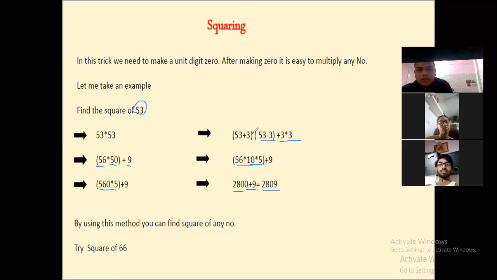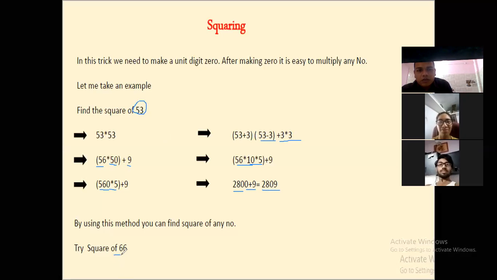So this is one of the methods of finding the square of any number. 53 into 53: we add 3, we subtract 3, and then we add 3 into 3.